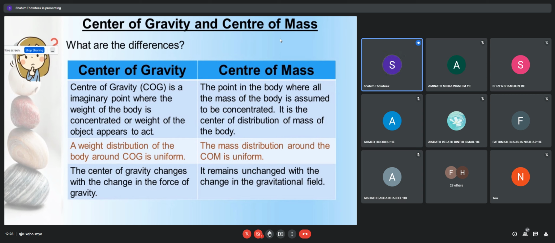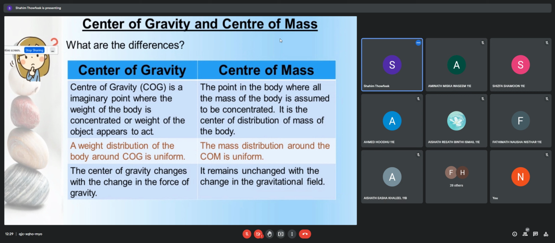If you define both physical quantities, it shows most of the differences, right? Exactly, what is the definition of center of gravity? Yes. Center of gravity is an imaginary point where the weight of the body is concentrated. Weight should be highlighted there. The weight of the body appears to act at an imaginary point.